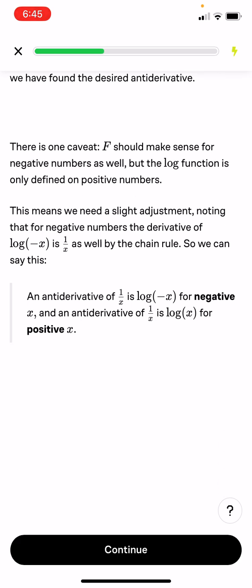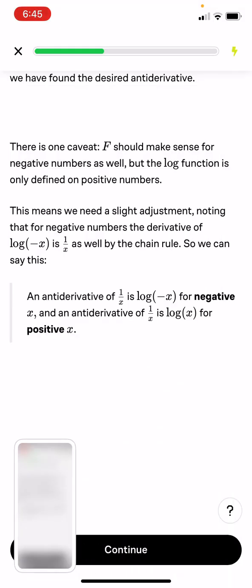There is one caveat. F should make sense for negative numbers as well, but the log function is only defined on positive numbers. This means we need a slight adjustment, noting that for negative numbers the derivative of log of negative x is 1 over x as well, by the chain rule. So we can say this.